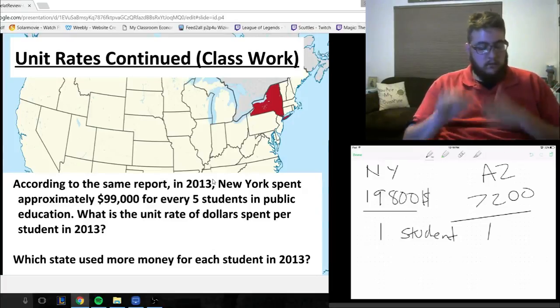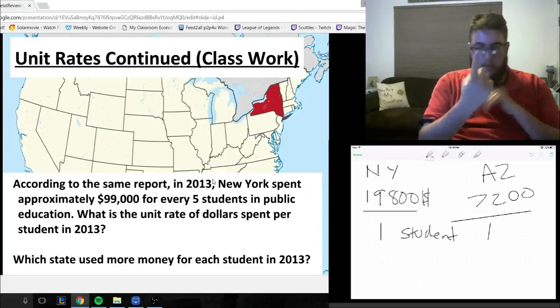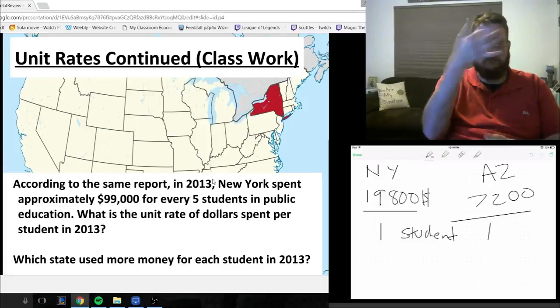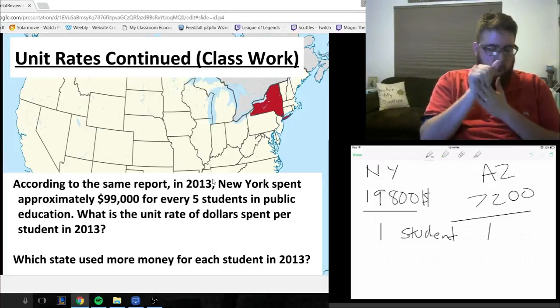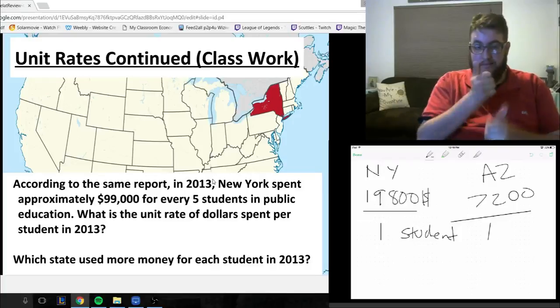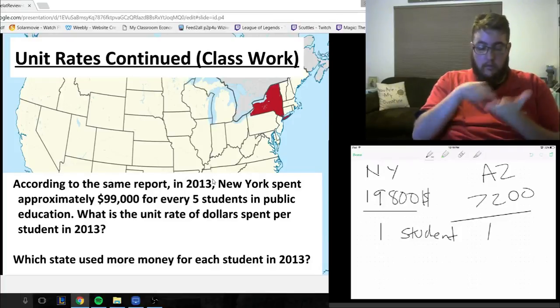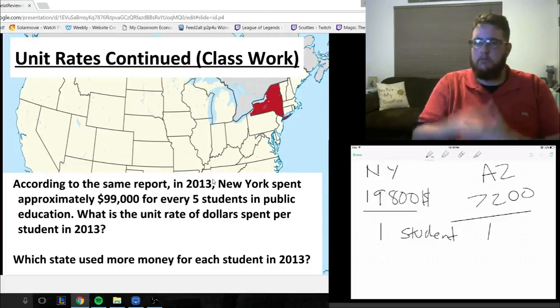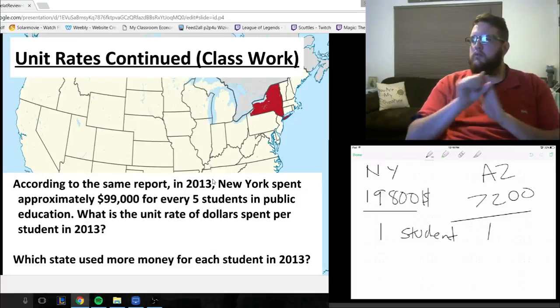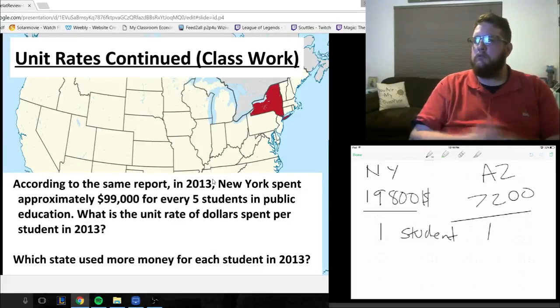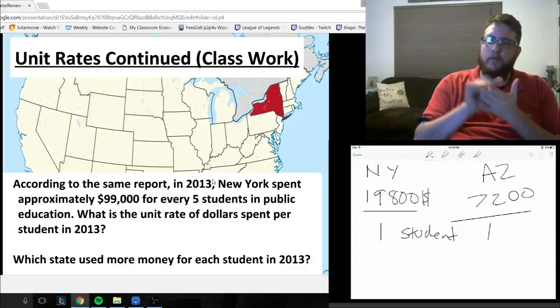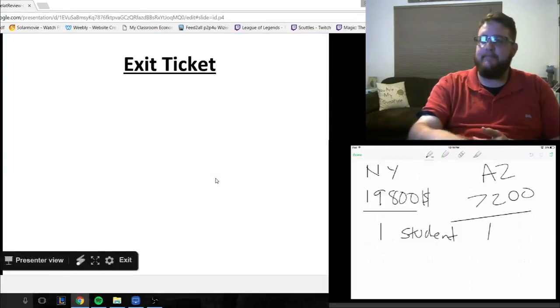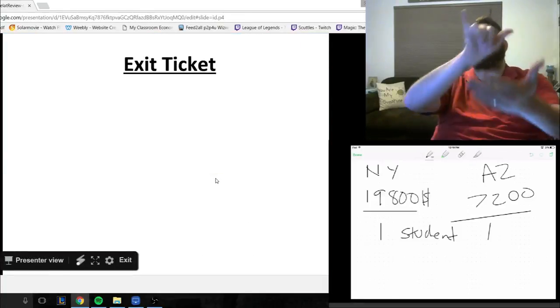So again, in New York, for each student they spent $19,800, while in Arizona, for each student they spent $7,200. So which state paid more for each student? Yep, it was New York. New York spent a lot more for each student in 2013. And that's the end of the unit rate review.